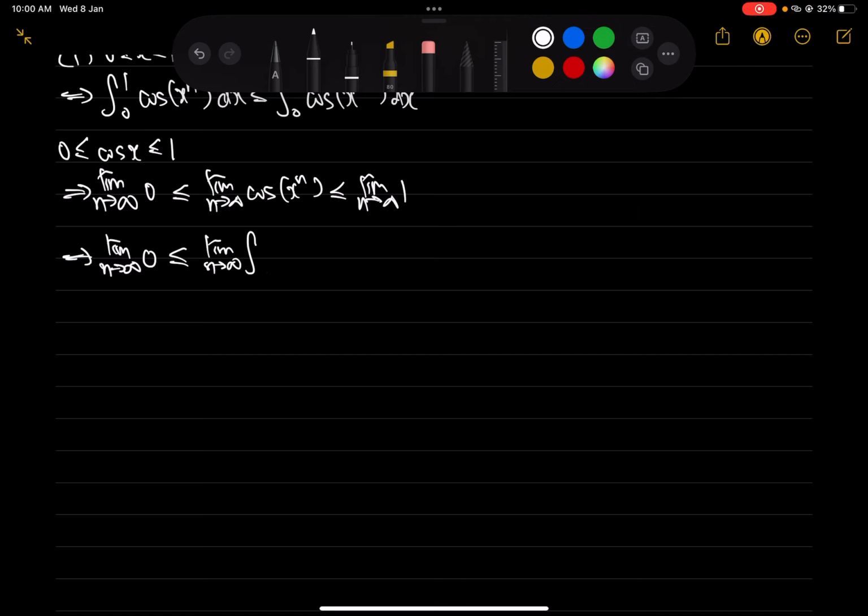And then that's just from 0 to 1 of cos xn dx.